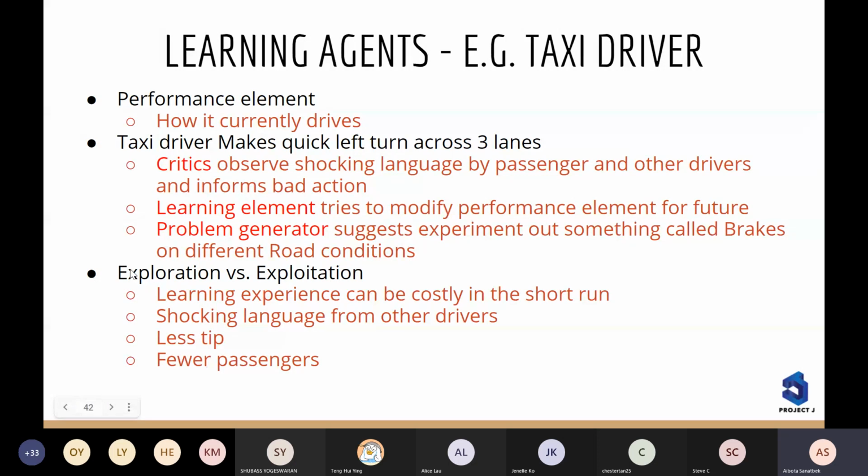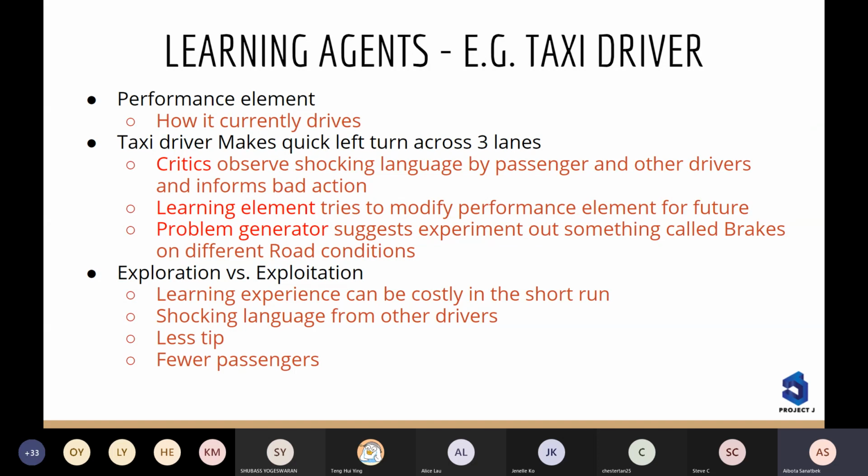Exploration basically must be carried on in an initially unknown environment, right? So just like the learning agent, it doesn't know anything about its environment initially, but it tries to explore its environment, right?